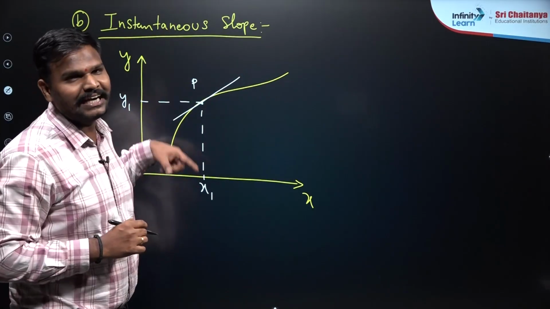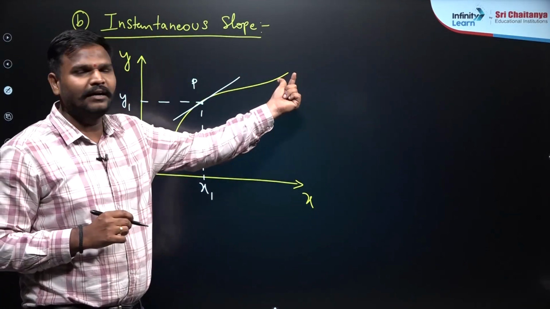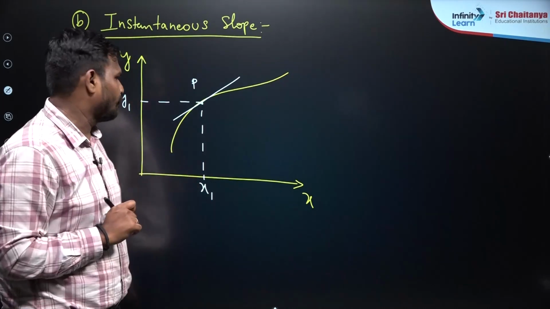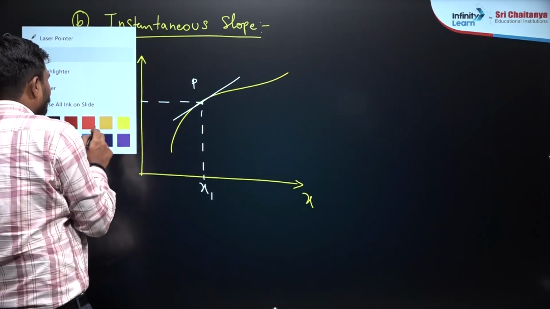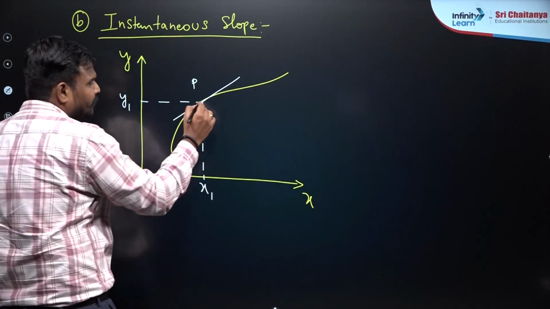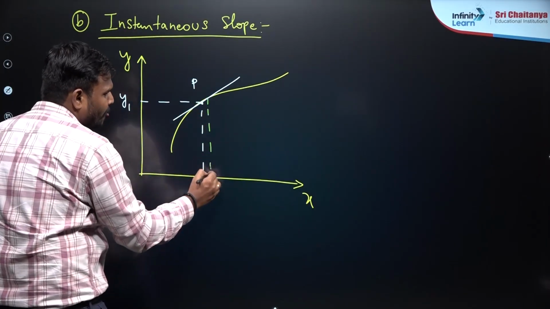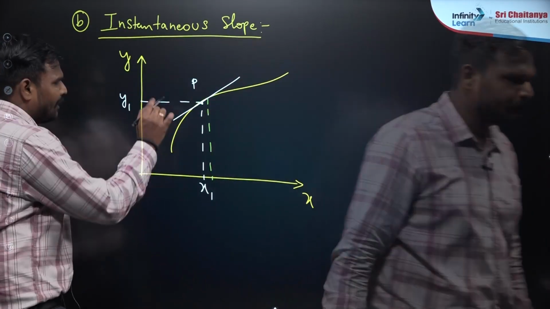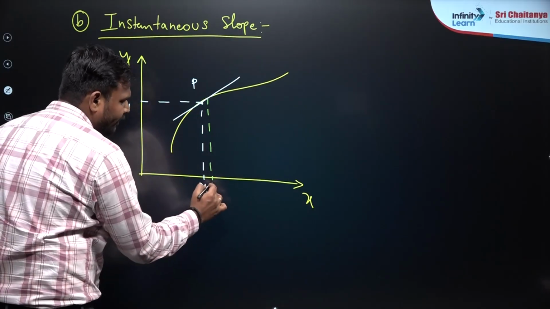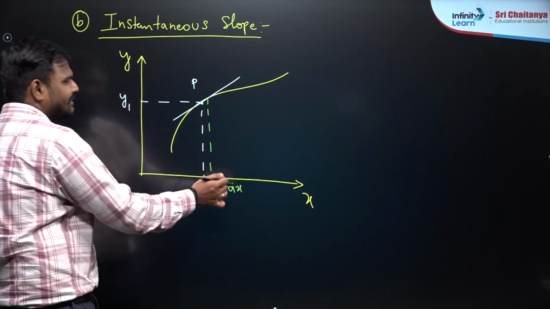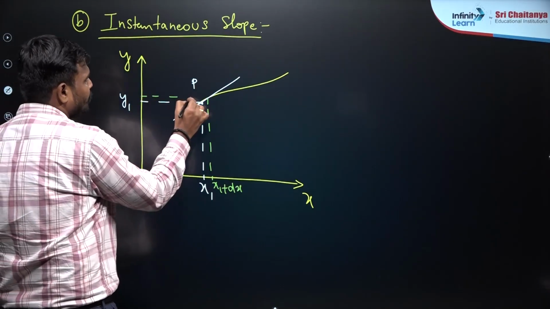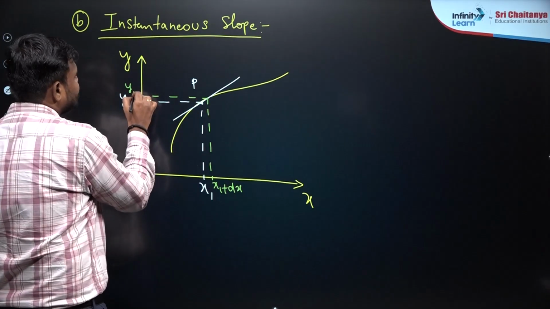A tangent is a line which cuts the curve at one particular point. And I'll take an infinitesimally small point just beside it, that is x1 plus dx, with a small change in x. Similarly, with a small change in y.